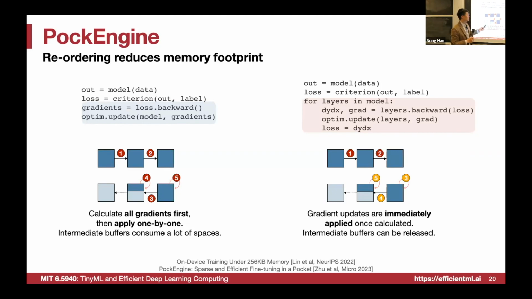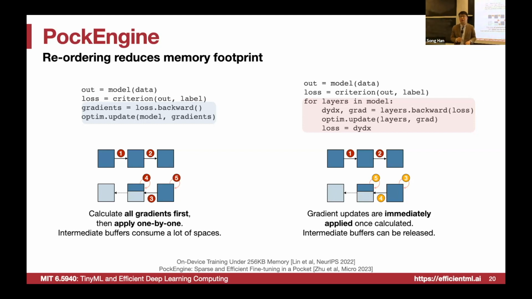So here, rather than 1, 2, 3 and update, we want to do 1, 2, 3 and update, and 4 and 5 and then update. The moment we calculate the gradient, we apply the gradient immediately. So gradient updates are immediately applied once they are calculated, and those intermediate buffers can be released.